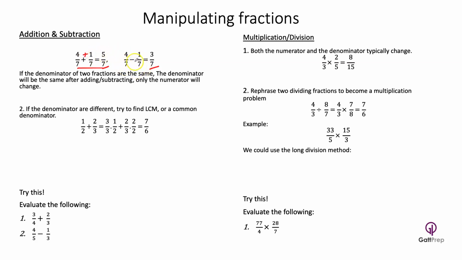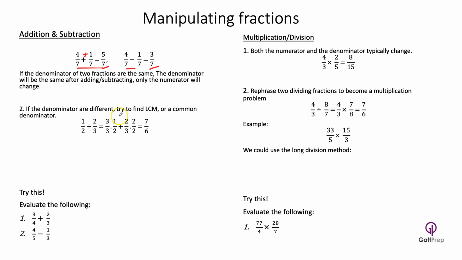Same with 4/7 minus 1/7. The denominator will not change, but you will subtract 1 from 4 to get 3. So very simple.